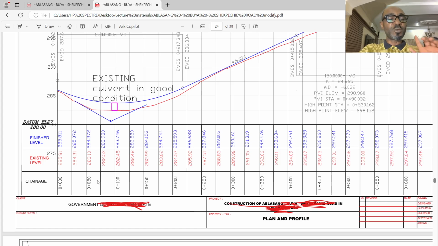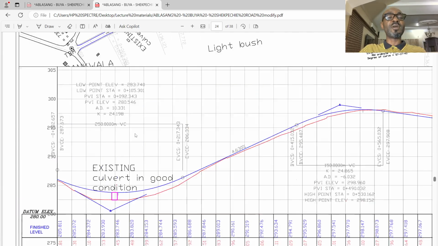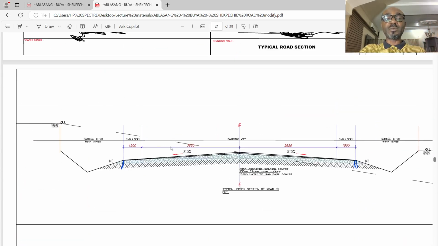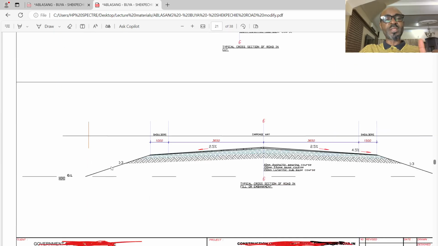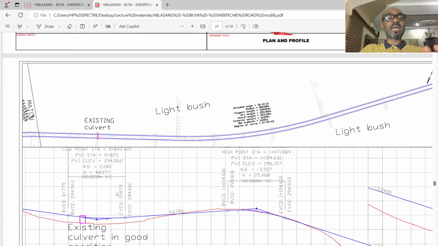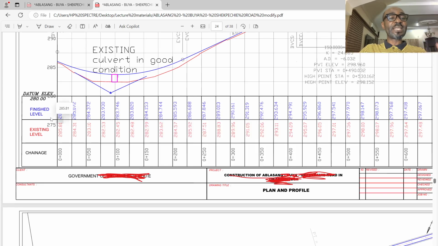So basically, I am taking my chainage, and I'm taking my existing ground level and my formation level. Then I am taking the width of my road, which is 10.3, and I'm taking this 1:3 for my computation. So having said that, we understand what we are taking: the formation level, the existing level, the chainage.